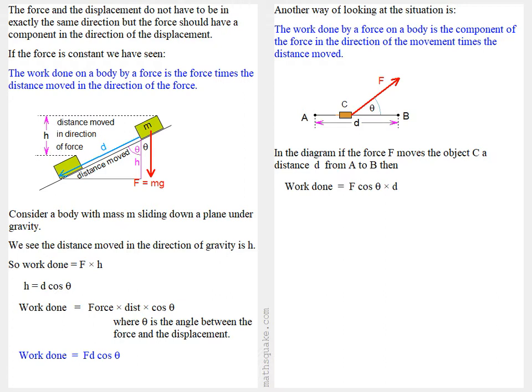So the work done is F cosine theta times d, or the work done is Fd cosine theta, which is exactly the same equation as we had before. So in both cases we see that the formula for the work done is the same.